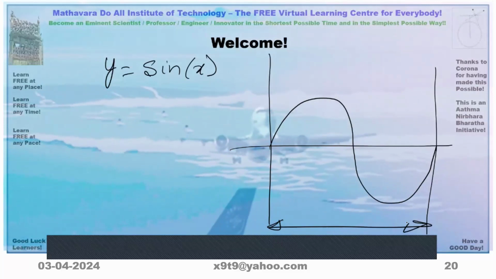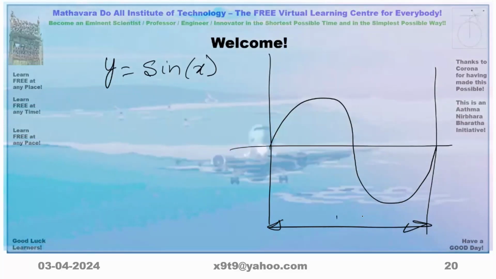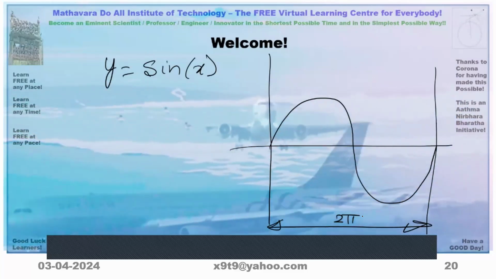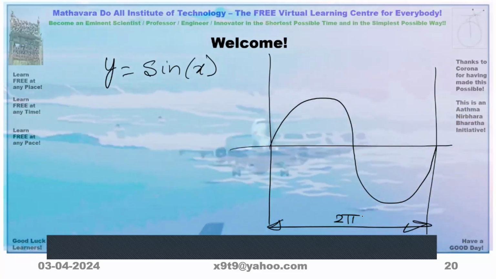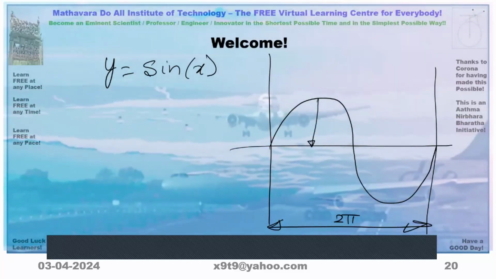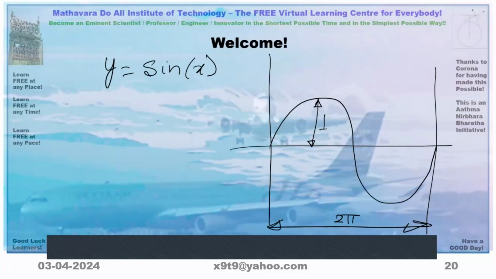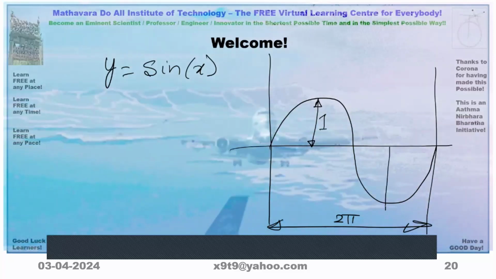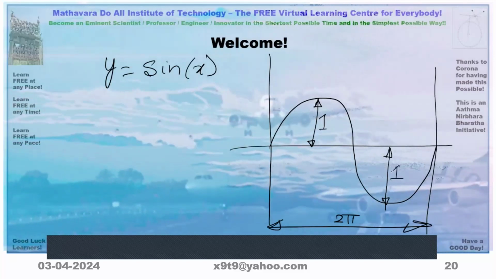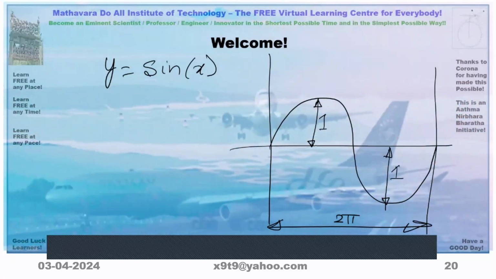Period is 2 pi. What is the amplitude? One. Amplitude 1. Because coefficient of this is 1, this height will be 1 unit. So this is also 1 unit. Measure this distance, it is 1 unit. Measure this distance, it is 1 unit.